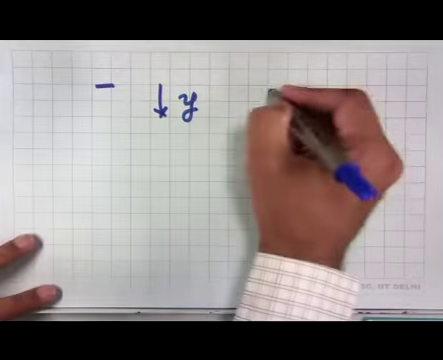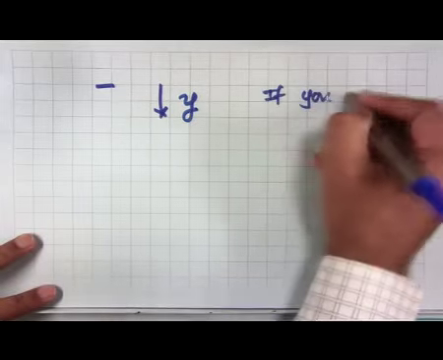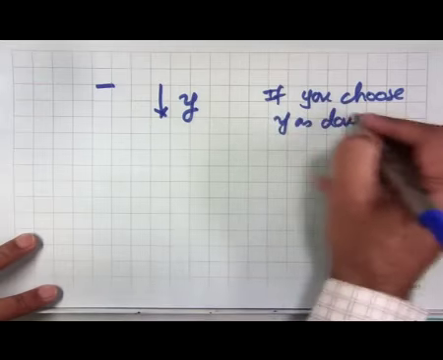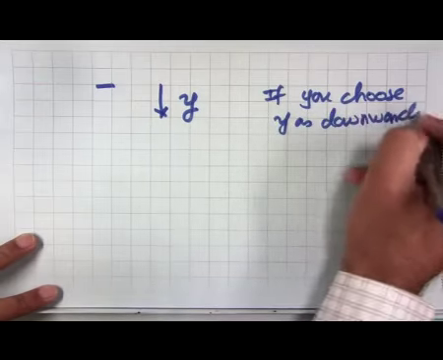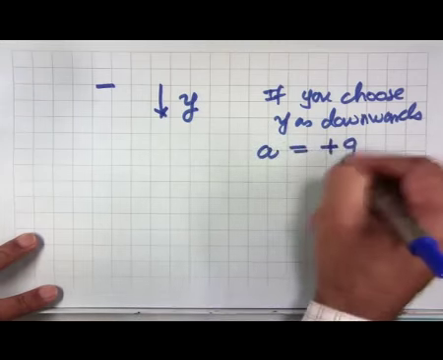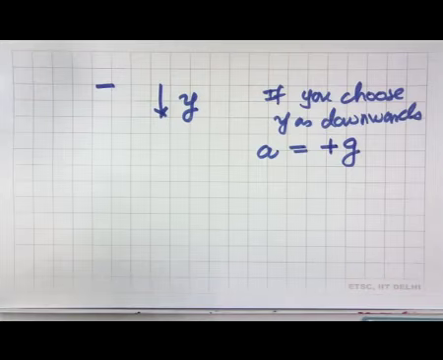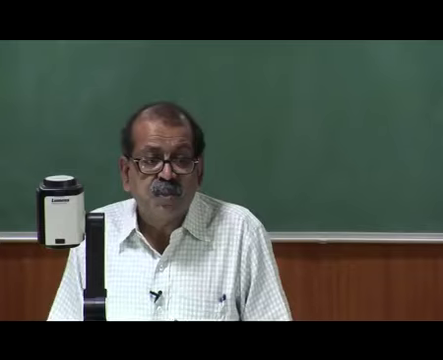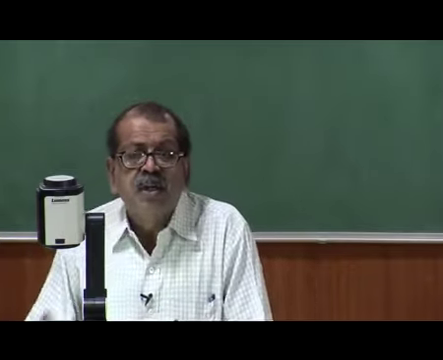If you choose y as downwards, then the acceleration will now be plus g, because it is in the direction of motion. And here, if you get a positive answer for displacement, that means you are at a lower position than where you started.